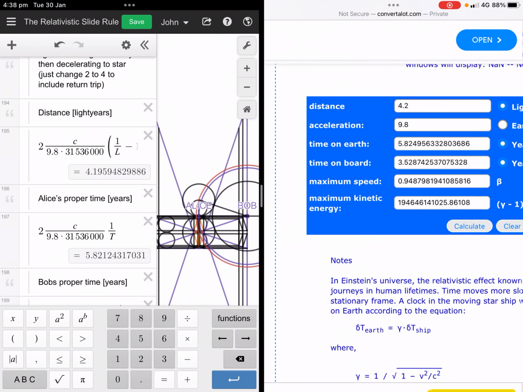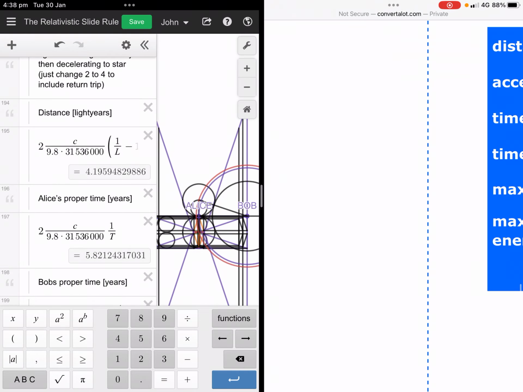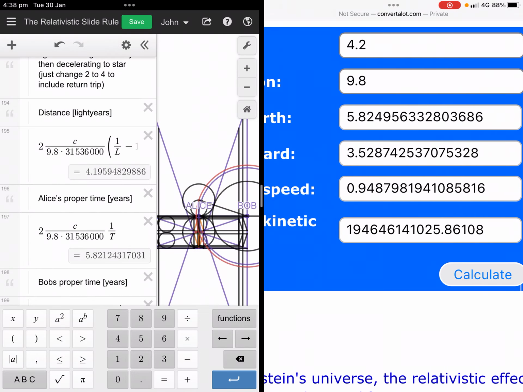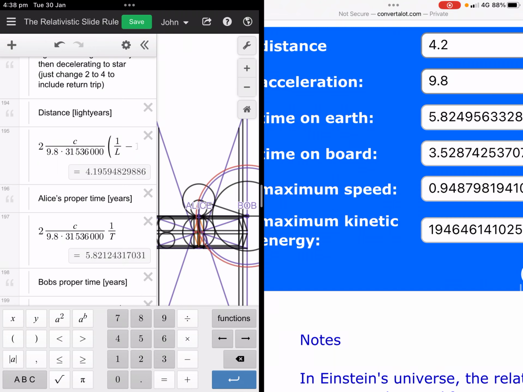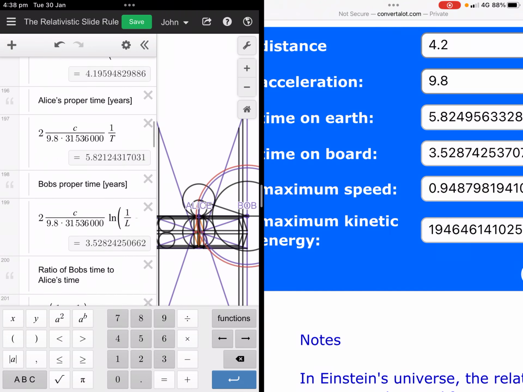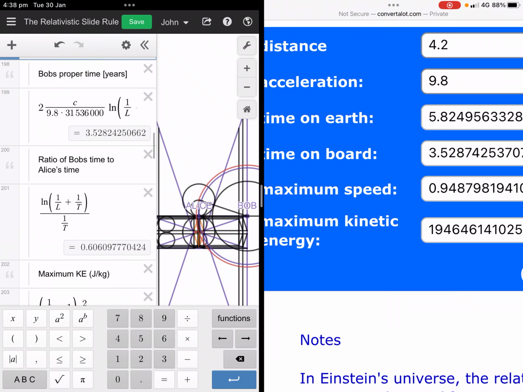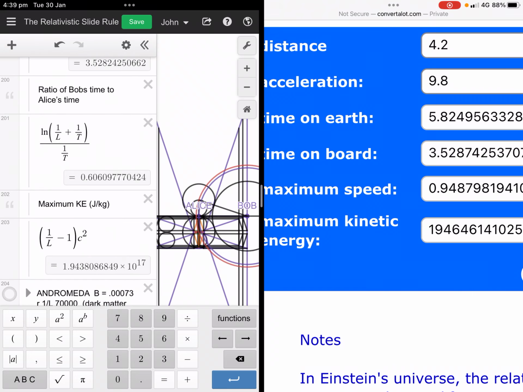Calculate that. Here we go. Time on board according to Bob, 5.32, that's right. And according to Alice, 5.82 years will pass. So his clock is running at 0.6 for every second of her time.